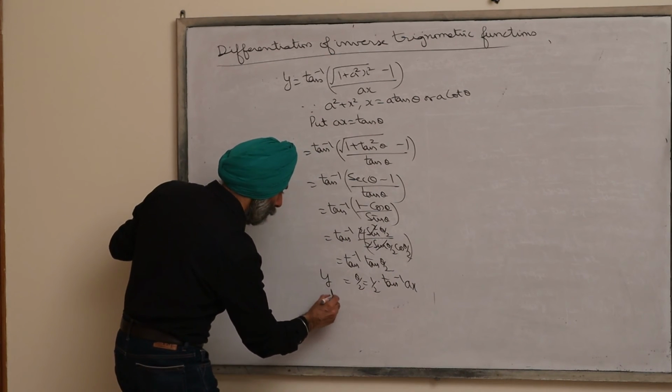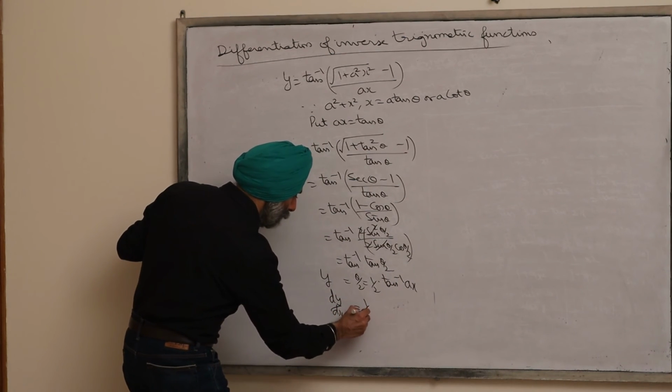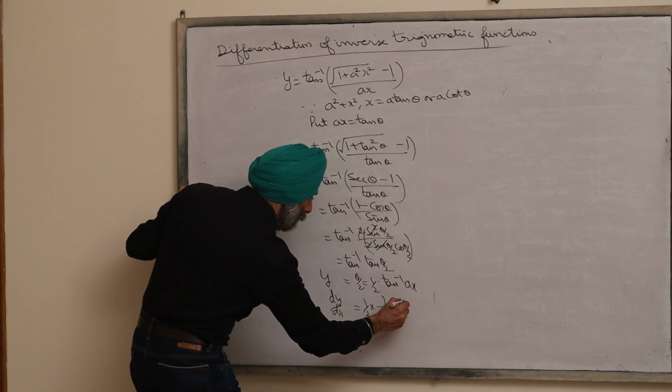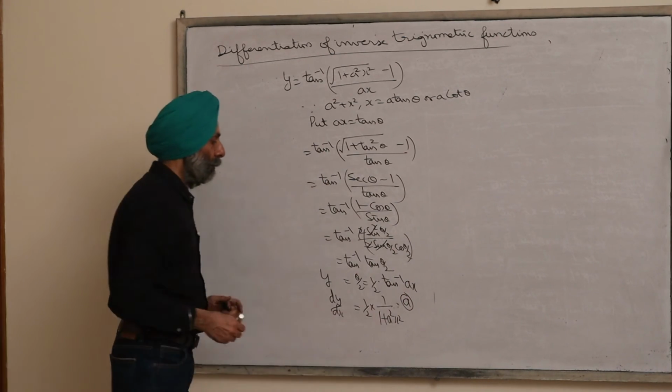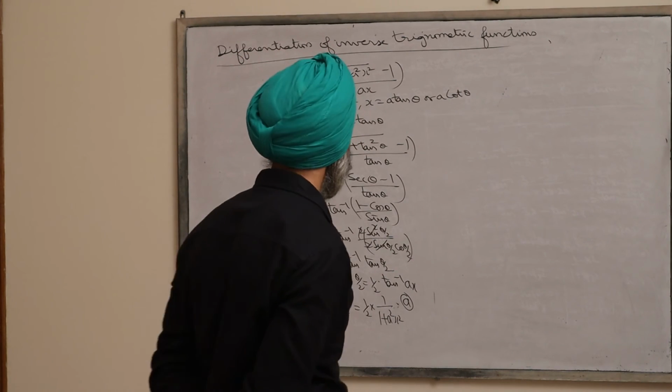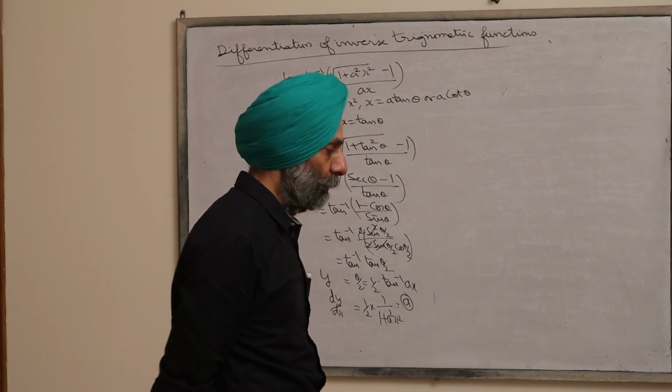This is y. What is dy over dx? It is half of 1 over 1 plus a square x square into d over dx of ax, which is a. So this is the differentiation of this particular function here.